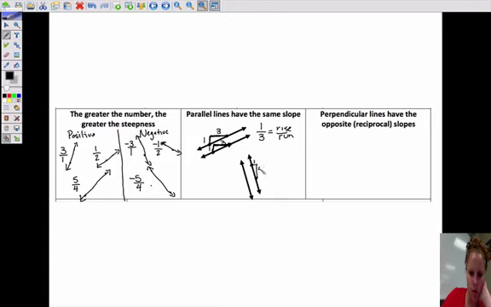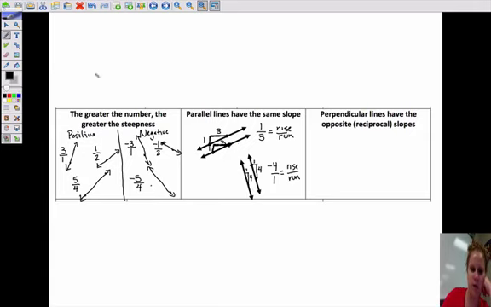So over 1, down 4. That's the slope of these two. So that would be -4/1. Okay, because we do our rise, we rise down, we run 1. That's their rise over run, and they're the same thing. So if they're parallel, they'll have the same slope.